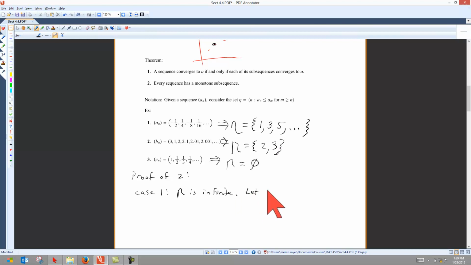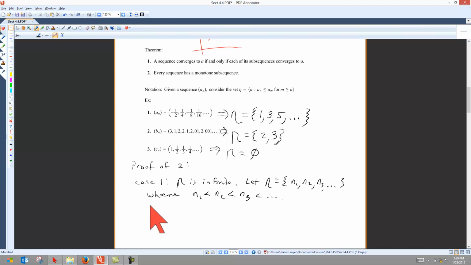So let eta equal n1, n2, n3, and so on, forever. Eta is already defined. I'm just saying let's call the first thing in eta n1, then n2, then n3. And we know that n1 is strictly less than n2, which is strictly less than n3, which is strictly less than, and so on.